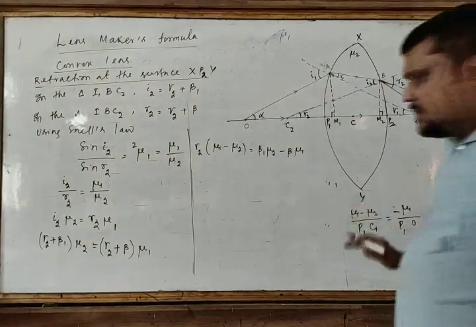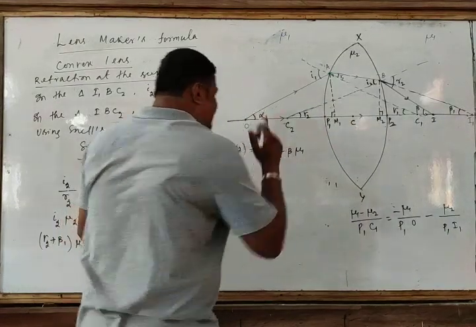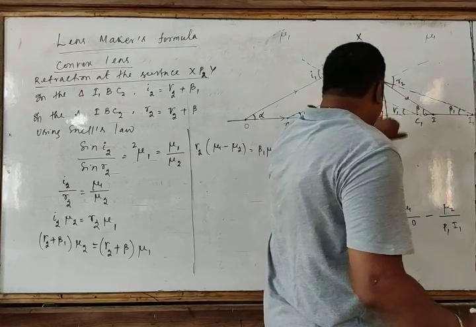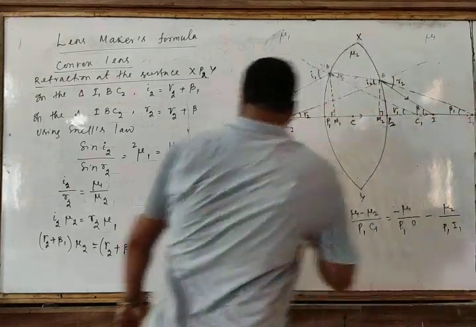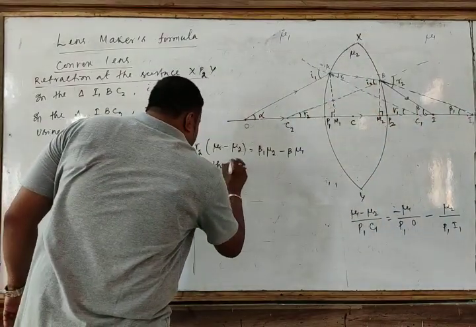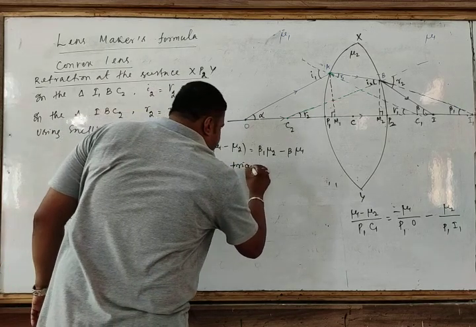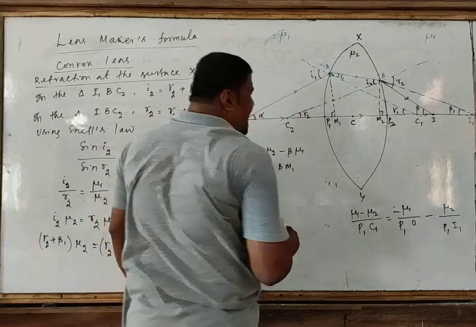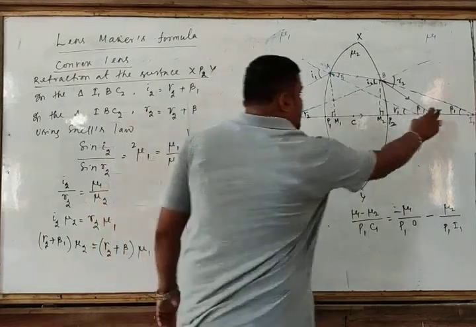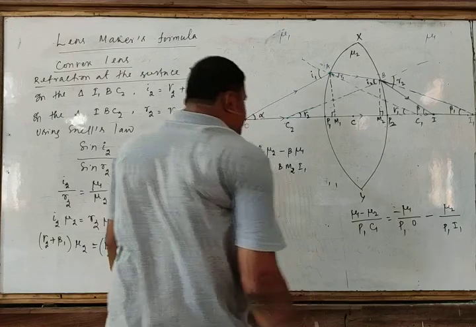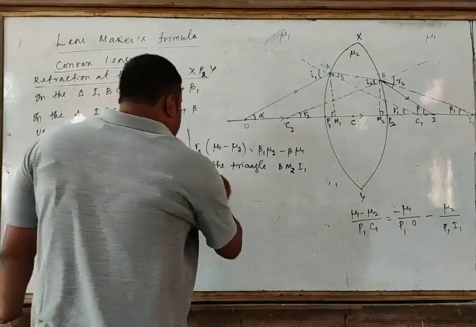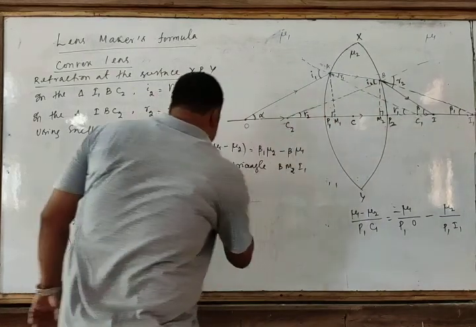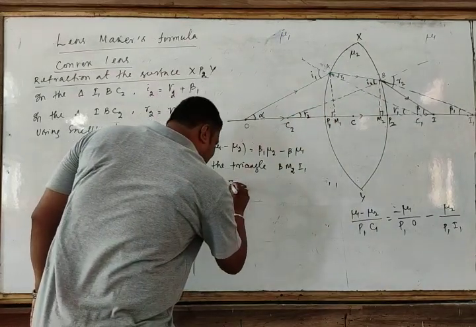Then go for gamma 2, beta 1, beta. Use the right angle triangle, where you have drawn the perpendicular B M2 from I1. In the right angle triangle B M2 I1, tan beta 1 is nearly equal to beta 1 for small angle.